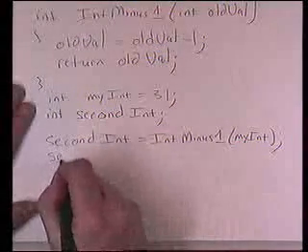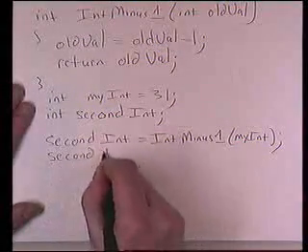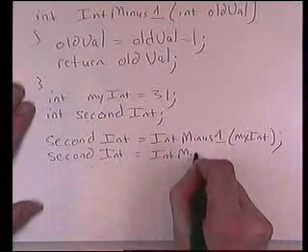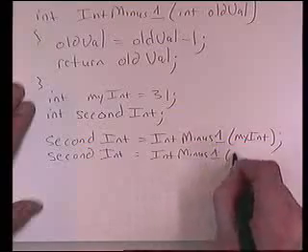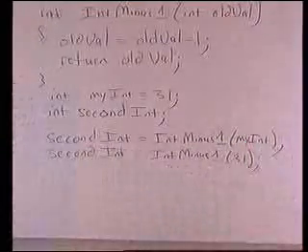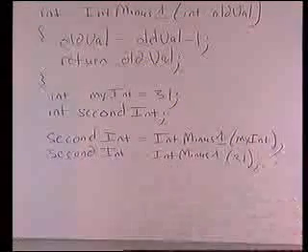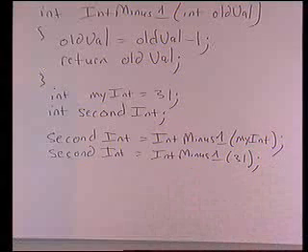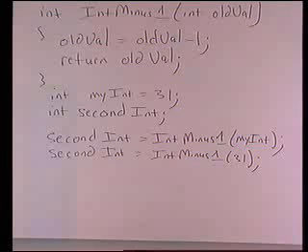We could also have said second int equals int minus 1, 31. Because all that happens in this first line of code is that the value 31 is read from my int into the parameter. Now we're passing in the actual value itself rather than having to read it from a variable, but they're exactly equivalent for our purposes.